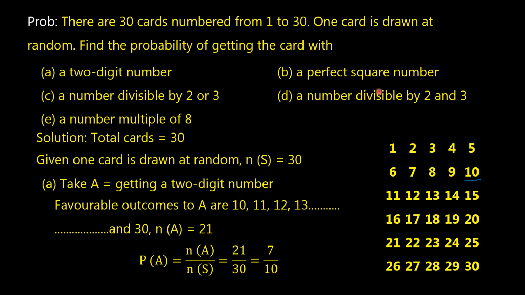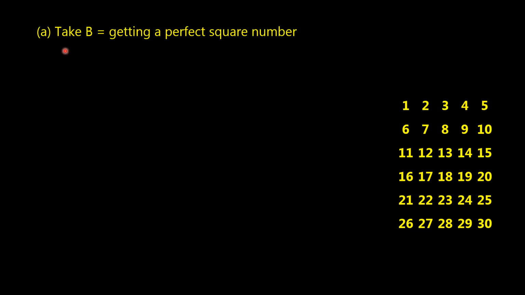The next event is the perfect square number. Now take B is equal to getting a perfect square number. Now identify the favorable outcomes to B from the sample space. The perfect square numbers we have are 1, 4, 9, 16 and 25, which are 1 square is 1, 2 square is 4, 3 square is 9, 4 square is 16, 5 square is 25.